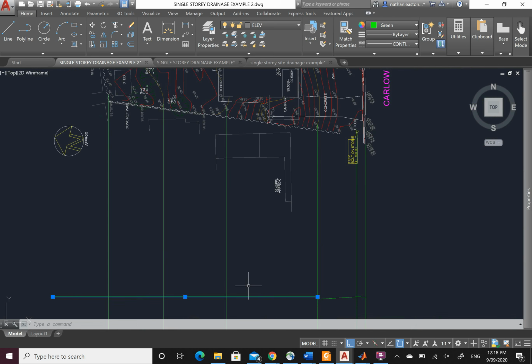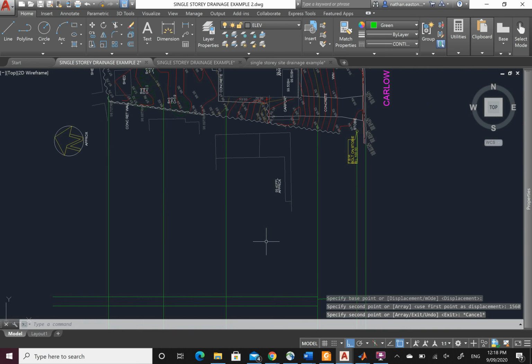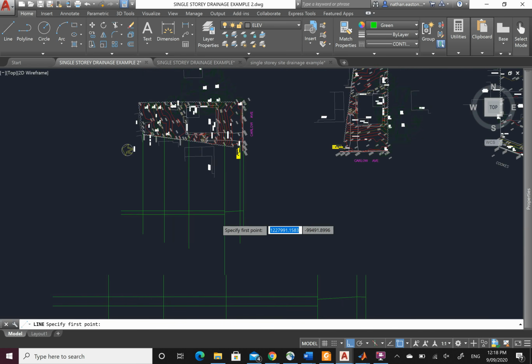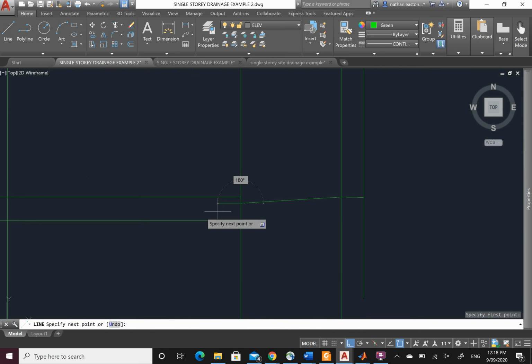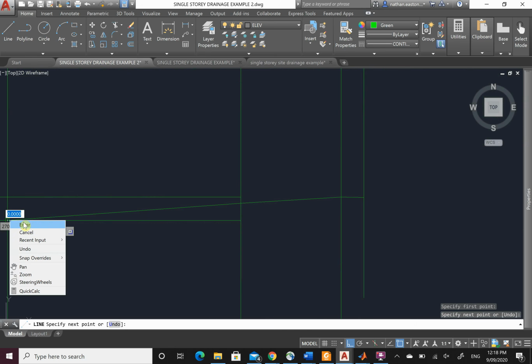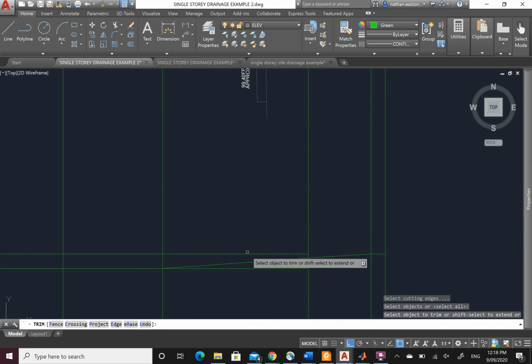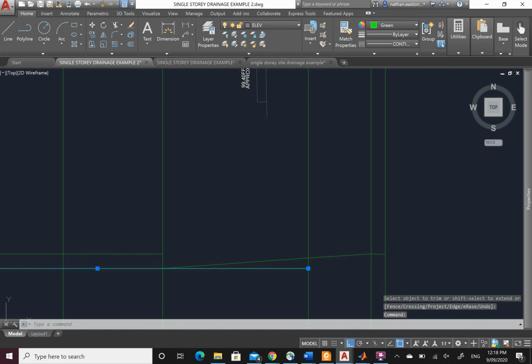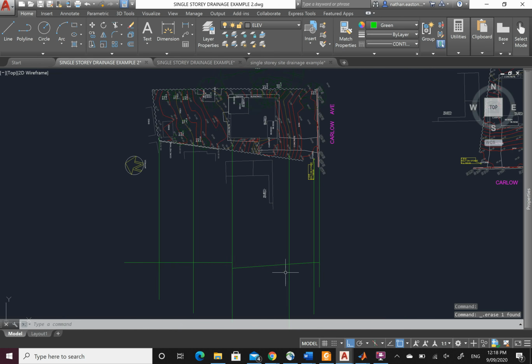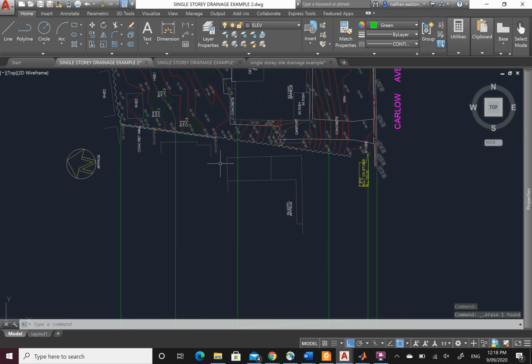So a huge drop again. So copy down 1560. Line from here to here. So we can see our block starting to get very steep. So I can trim this. I can trim that. Okay, so we're starting to go further down.